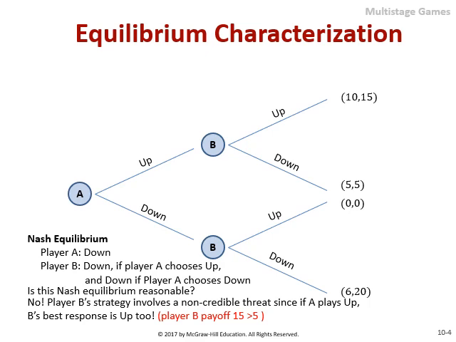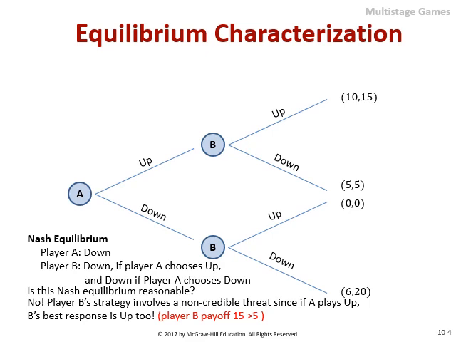When A plays up, the best response for B is to play up, because if it plays up, it will get a payoff in the bracket. The second number in the bracket is 15. So when A plays up, the best response for player B is to play also up and not down, because 15 is higher than 5.